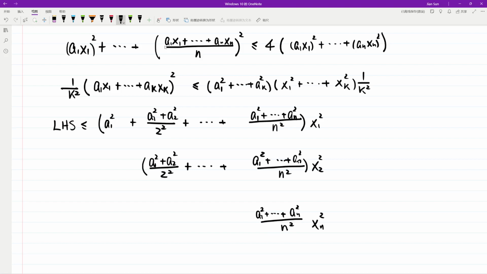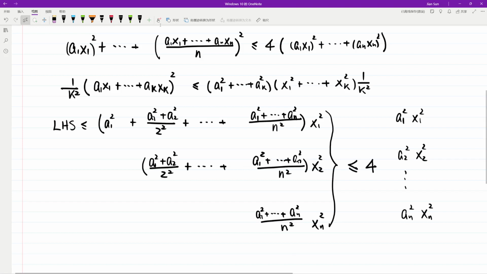That is the left-hand side. We need to add them all, and we want to prove this is bounded by 4 times a1 squared x1 squared, a2 squared x2 squared, up to an squared xn squared.